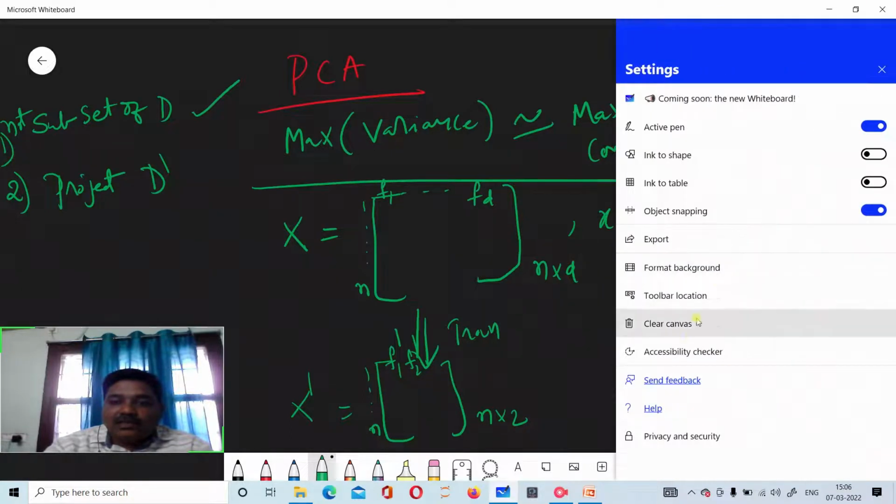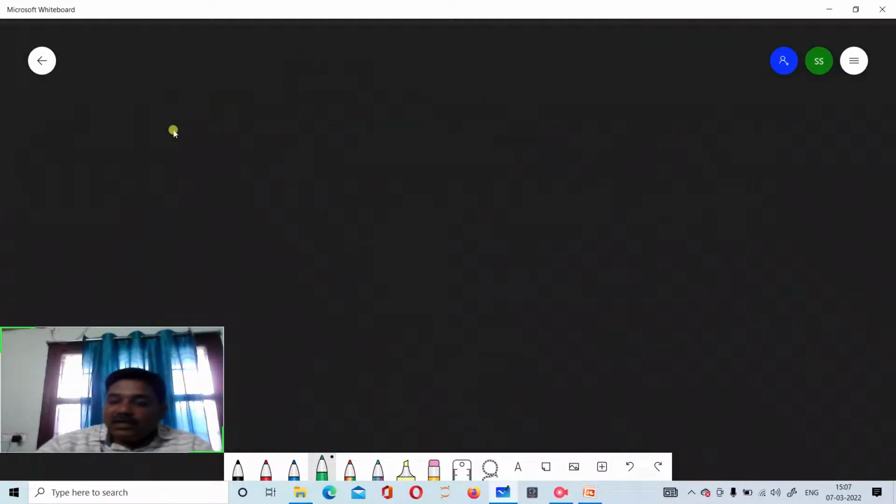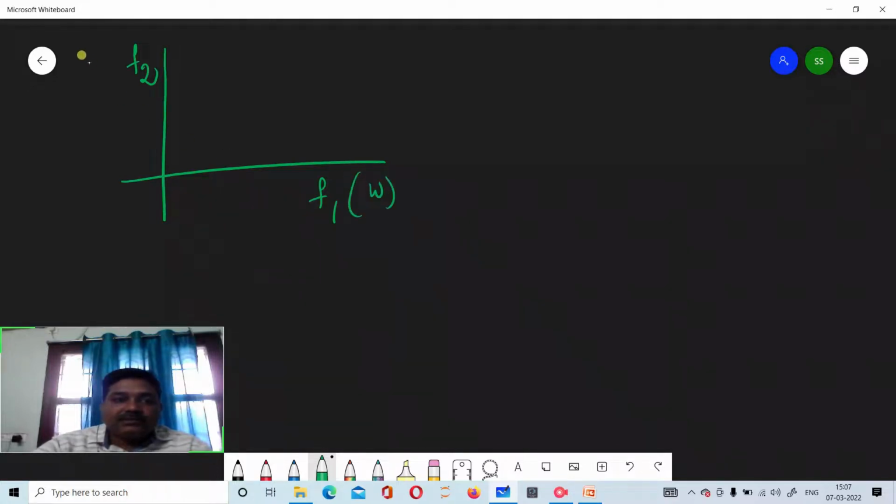So first, we look at converting two-dimensional data into one-dimensional, or n-dimensional to fewer dimensions. For example, I have two features. Take diabetic data: I can take a diabetic patient's feature data.